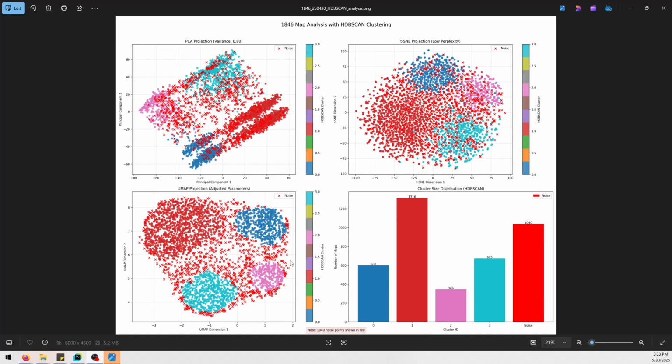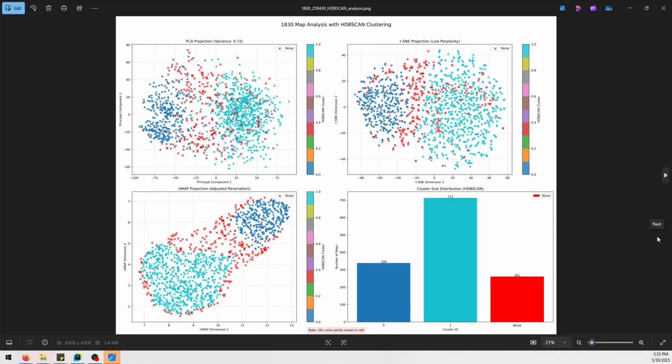But I did mention that I wanted to have a better way to visualize this data, and I've been working on that. It's in its infancy, but I just wanted to give a teaser to where this is heading and what type of things we may be able to do with this in the near future. So I'm going to return to the 1830 data for the rest of this conversation.